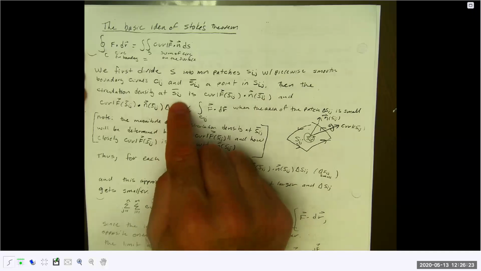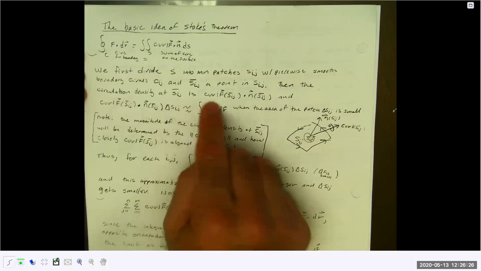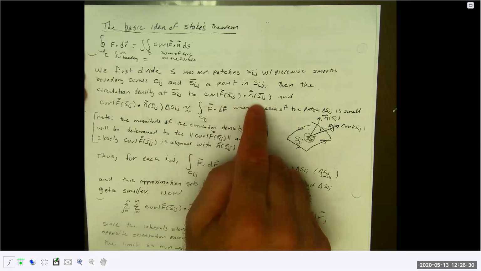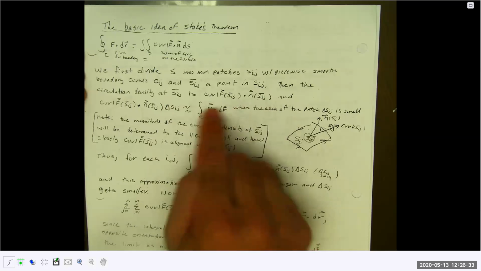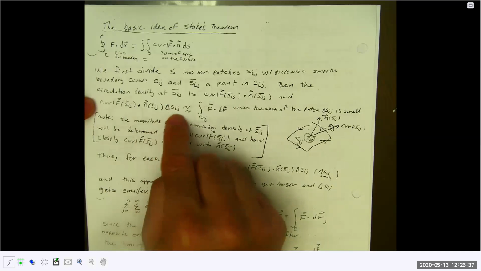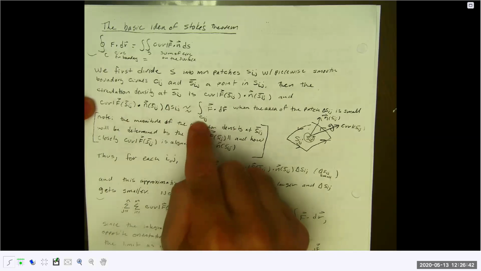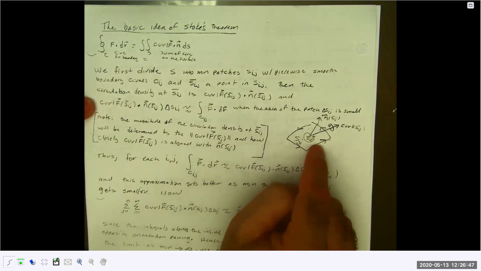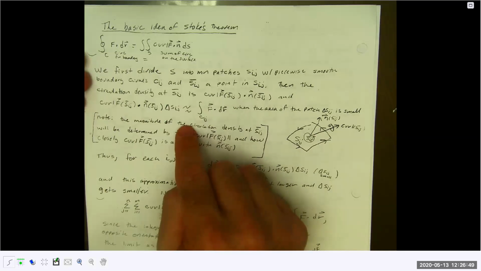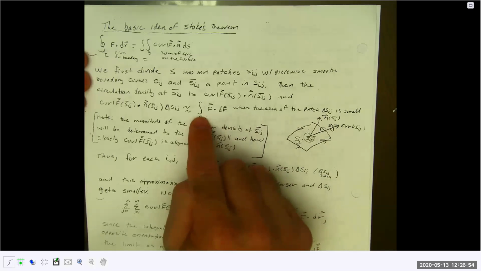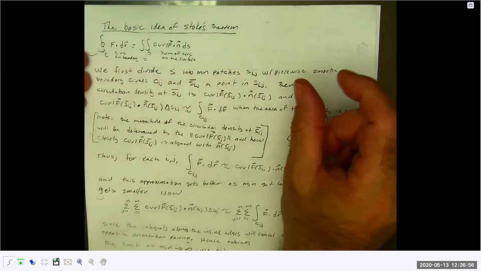Then the circulation density at S sub ij is going to be the curl of F at S sub ij bar dotted with N at S sub ij bar. And the circulation density times the area of the patch, which we're going to call delta S sub ij, is approximately equal to the circulation around the patch on the boundary curve. If the patch is small, that approximation will get better as the patch size shrinks.